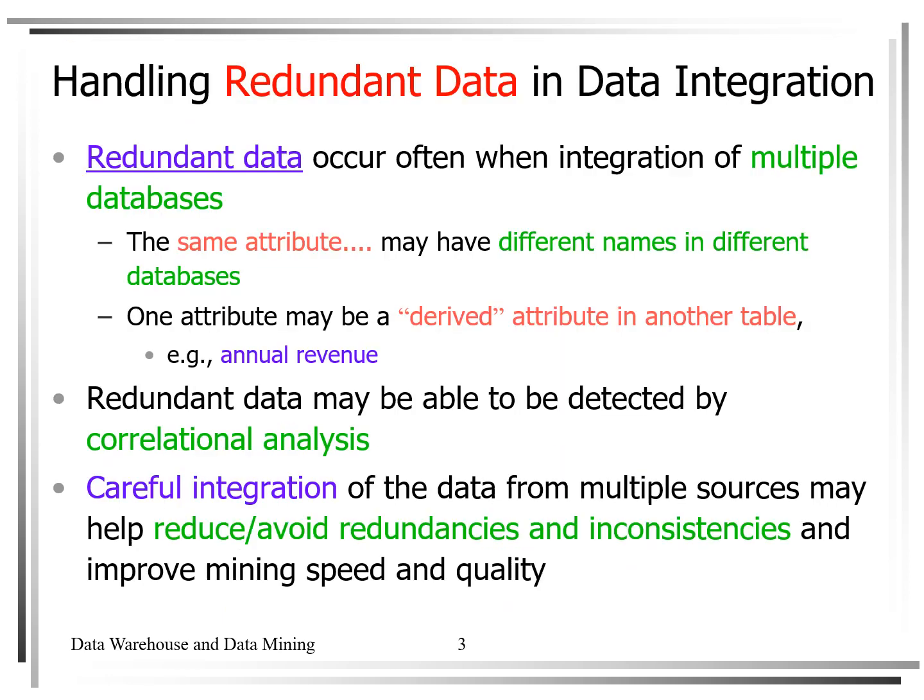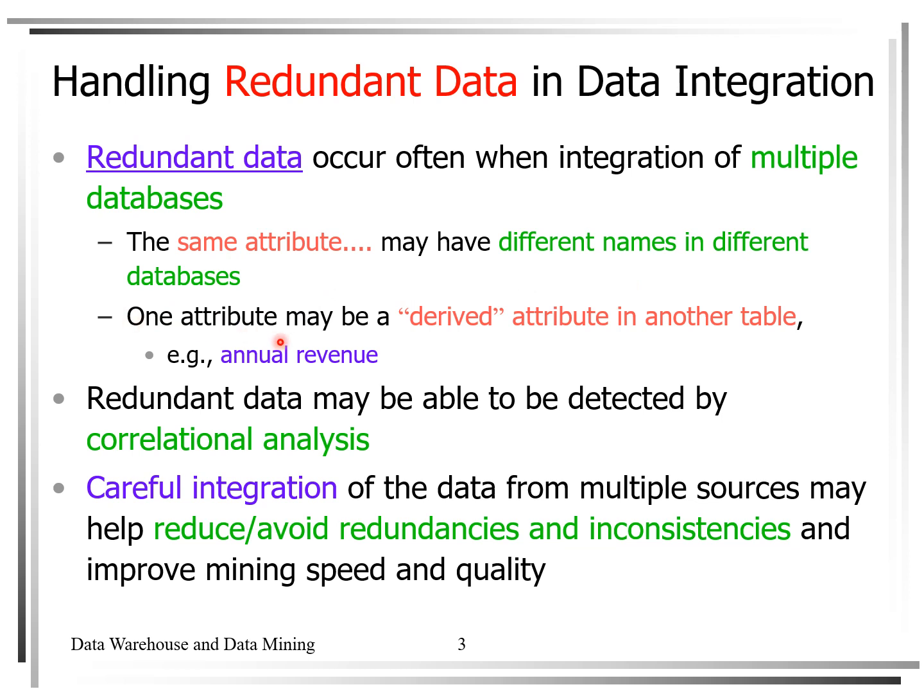When we integrate data, the main problem that we face is redundancy, the fact that data will be repeated within the database. This happens when we integrate multiple databases and we have the same attribute with different names in different databases.